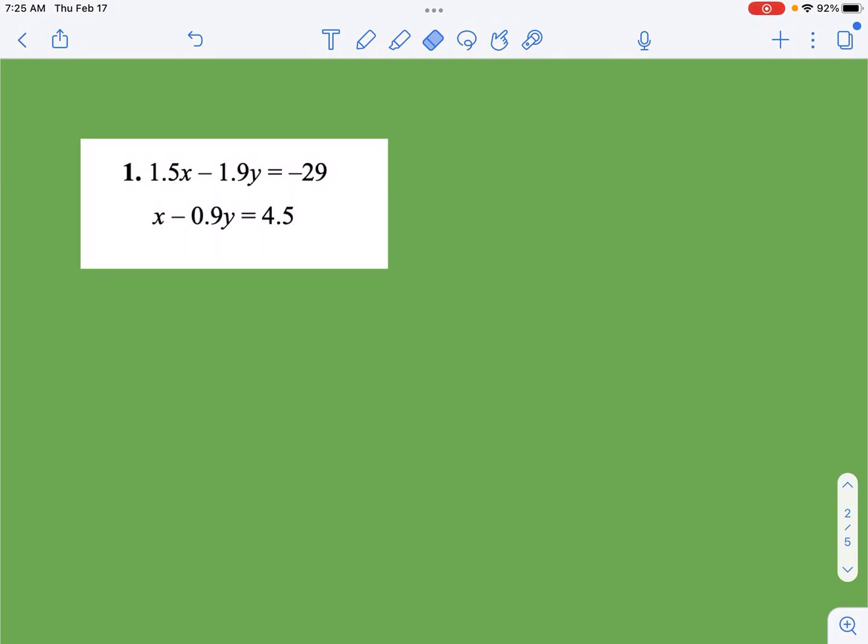If you don't like decimals, you look at the most number of digits to the right of the decimal in the equations. In this first equation it's 1, so you've got one digit to the right. This one has the same, and here, and then here. Those are all your one digits.